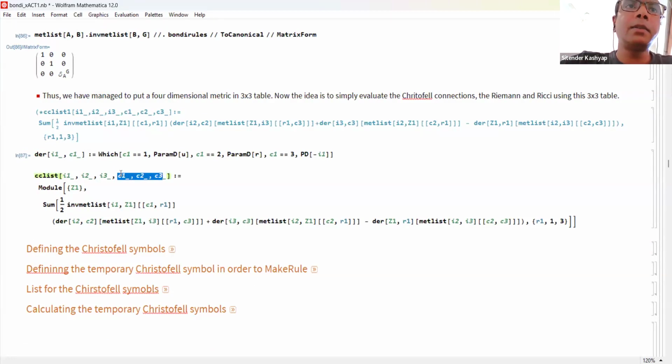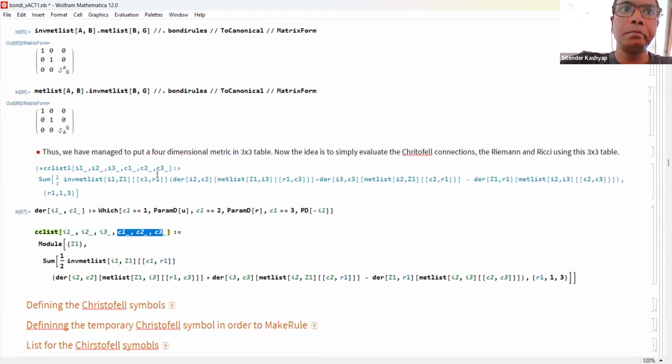These three indices will take the value 1, 2, or 3, denoting the three-dimensional Christoffel connections. These are some fake indices, and you can write any value to them. The only significance is that when an index is 3, for example if C1 is 3, then we have to write here some two-dimensional index. Similarly for C2, if it is the third index, then we write A, B, or whatever this two-dimensional index is.